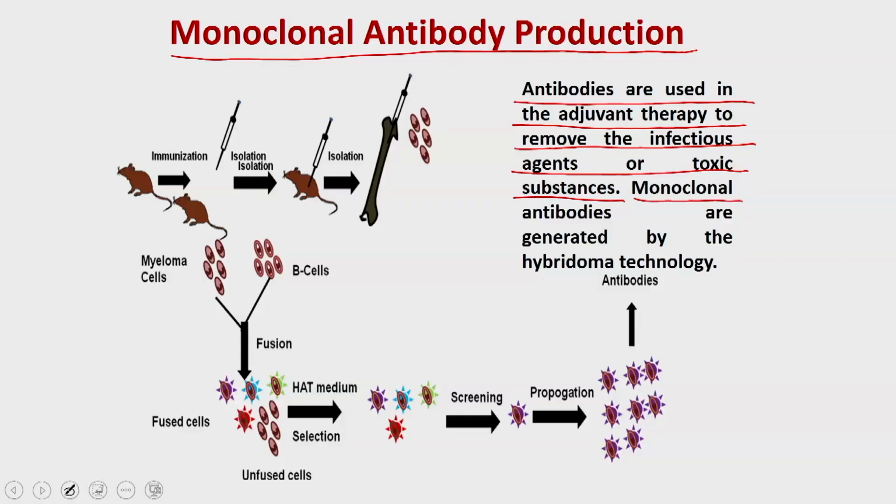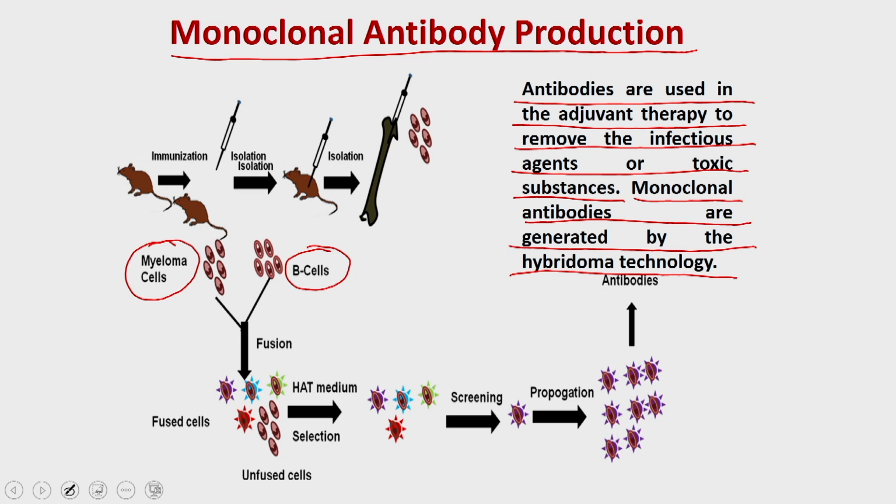Monoclonal antibodies are generated by a technology known as hybridoma technology. In this technology you need two different types of cells: myeloma cells and B cells, and these B cells have to come from mice.